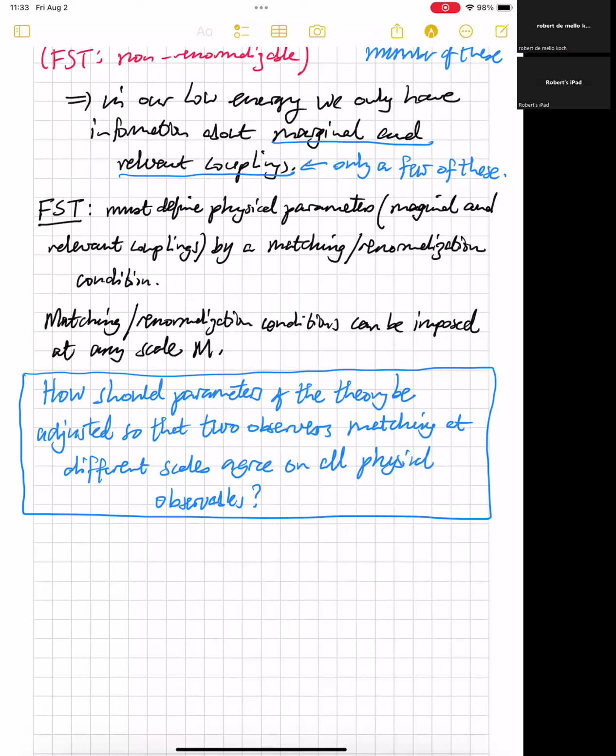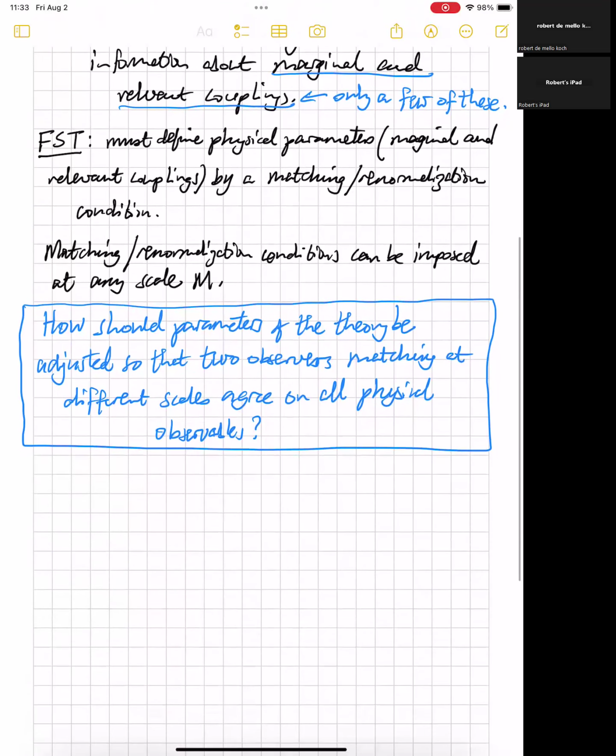The Callan-Symanzik equation is exactly the equation that tells us how to do this. It tells us how to adjust the parameters so that correlation functions computed by two different observers agree.